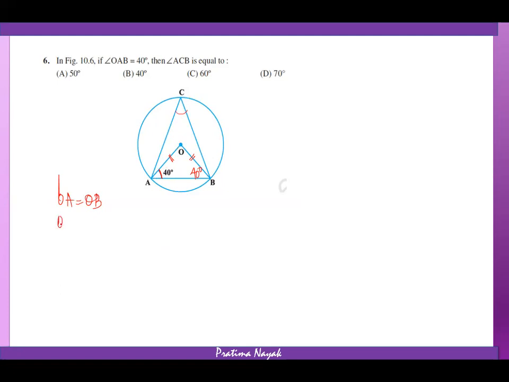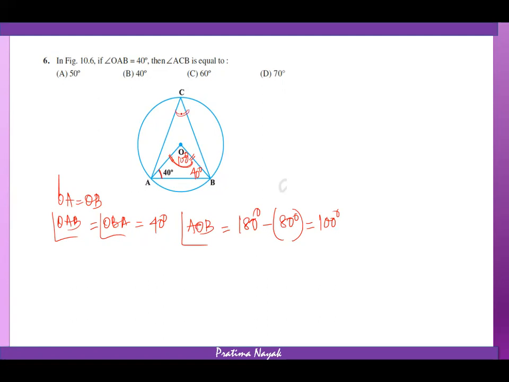So angle OAB is equal to OBA, and both are 40, 40. Then I can get AOB. So AOB will be 180 minus twice 40. That will be 80 degree, so this will be 100 degree. AOB is equal to 100 degree.